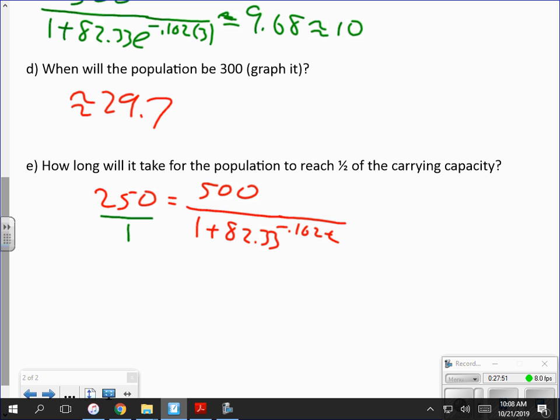The other thing you can do is swap either the means or the extremes, which means I can swap these two numbers, which means I get 1 plus 8.233 e to the negative 0.162 t is equal to 500 over 250.